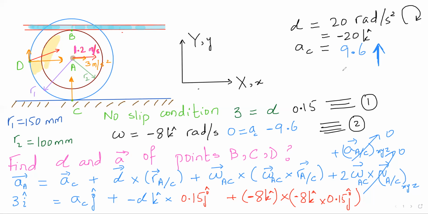Divided by 1000. j. Good. Plus. Now you have omega minus 8. So right, put a bracket across. Cross. I think this position of again 100.